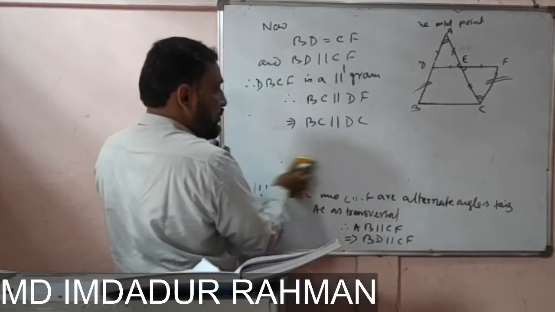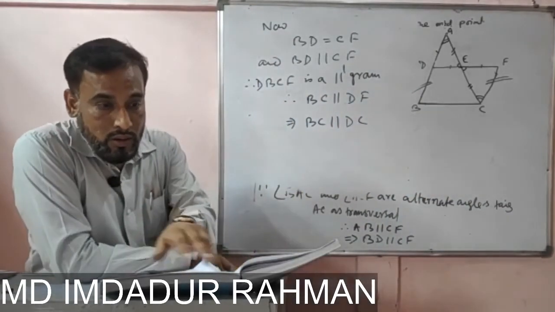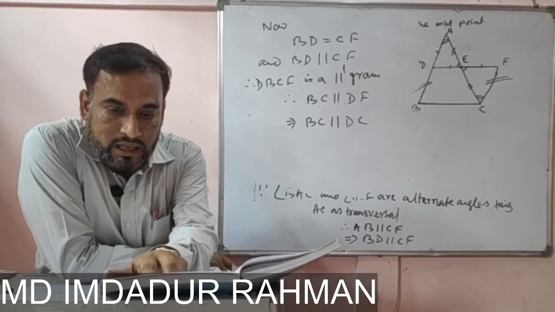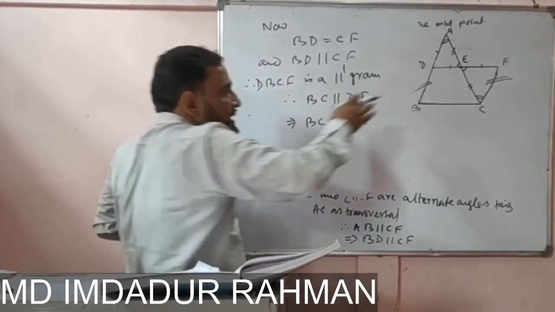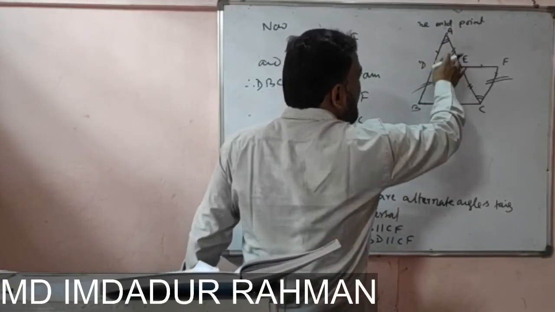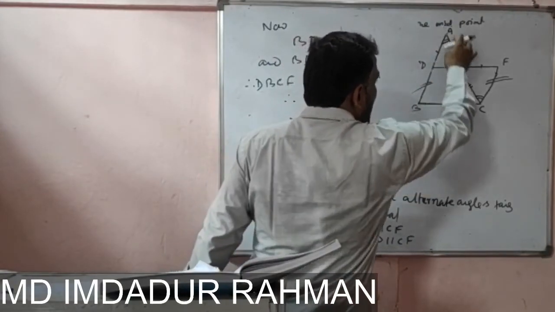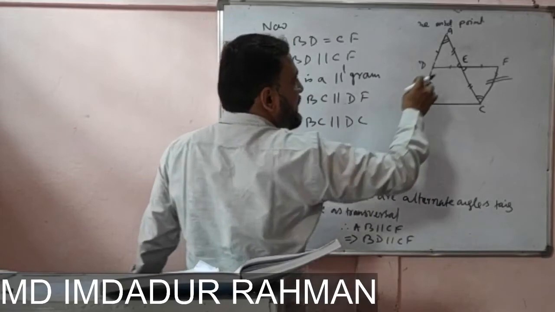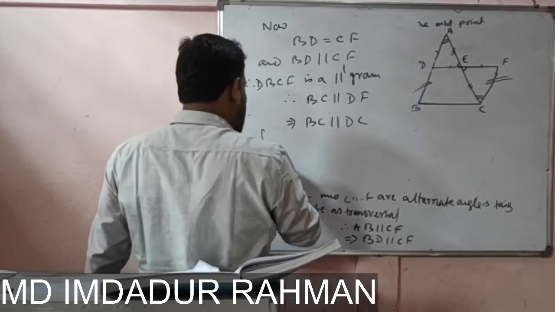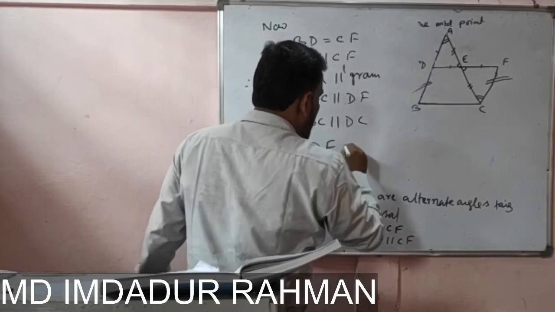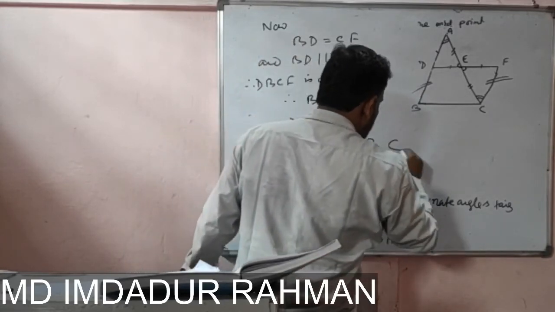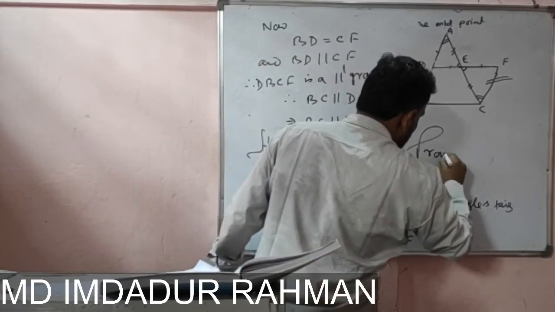Hence, what we have to show? The line segment joining the midpoints of two sides of a triangle is parallel to the third side. DE is the line segment joining the midpoints of AB and AC, and it is parallel to the side. Hence, DE parallel to BC. Proved.